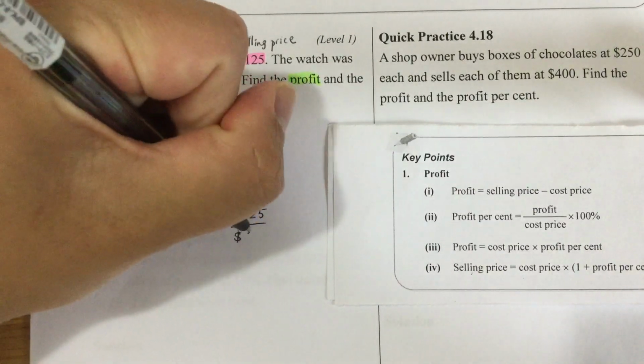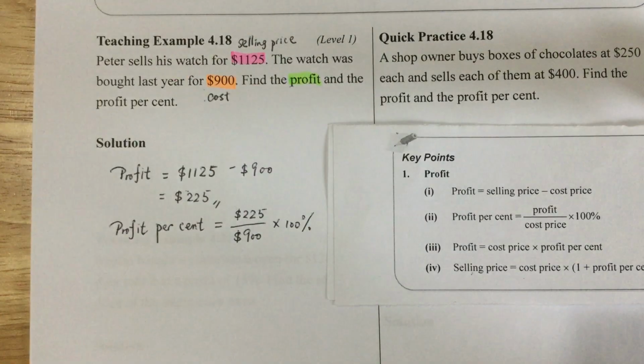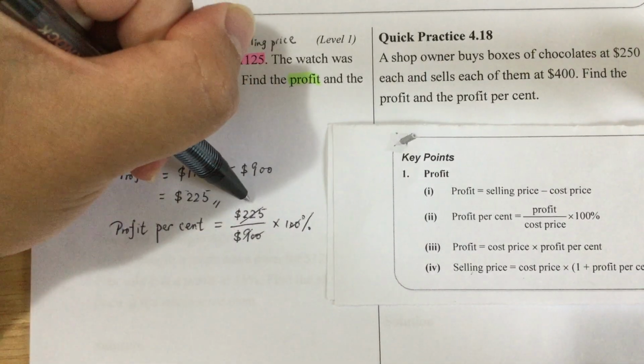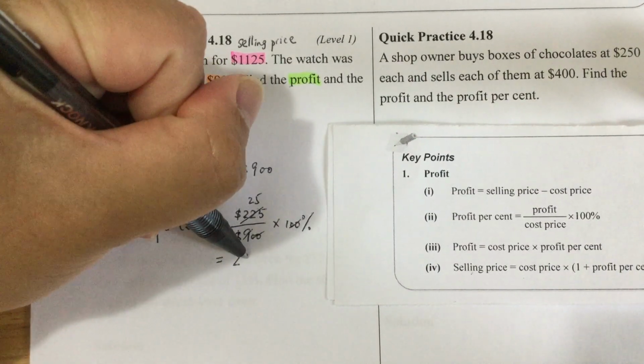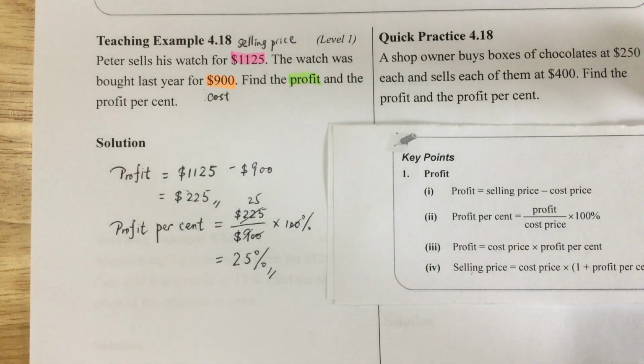So you write down $900 here times 100%, and then we can do the cancellation. 9 and 225, you will get 25. So this is 25%. Okay, so we can finish this question number 1, teaching example 4.18. And now I'll give you 15 seconds to revise this question, and now you will go to do quick practice 4.18.